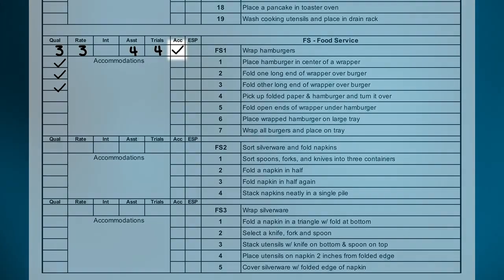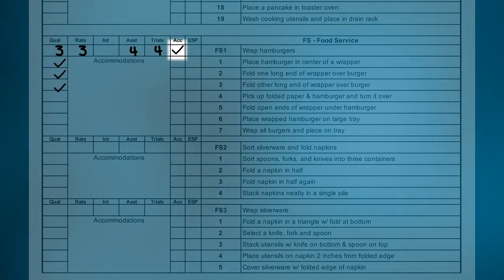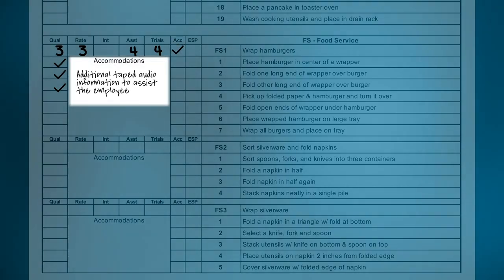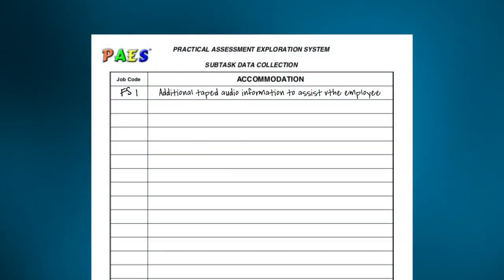Third, check the ACC space in the subtask booklet if accommodations or modifications were provided. Fourth, describe the accommodations you gave in the space provided. Additional space is available at the end of the booklet.